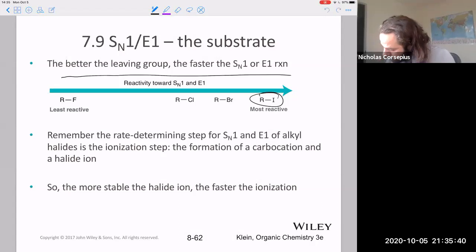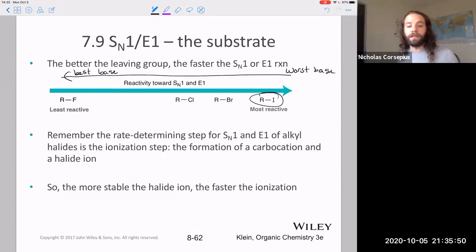Remember, this also has to do with basicity. This would be the worst base, and at this end is the best base, right? So this whole idea of being a leaving group corresponds to how good of a base it is as well. And we're simply restricting ourselves to the halogens. So the bottom line is an alkyl bromide is going to be better than an alkyl chloride, for example, right?